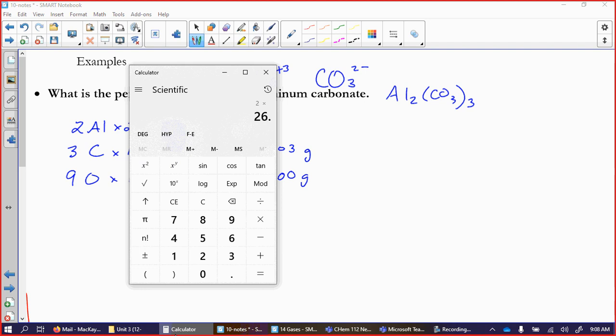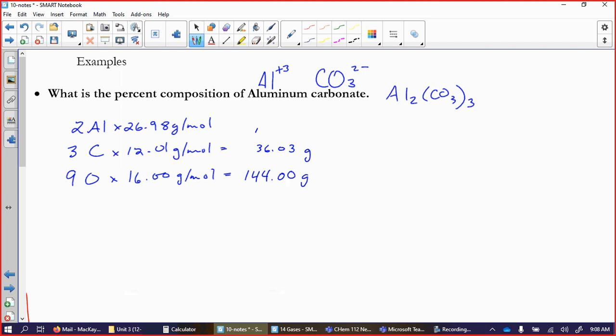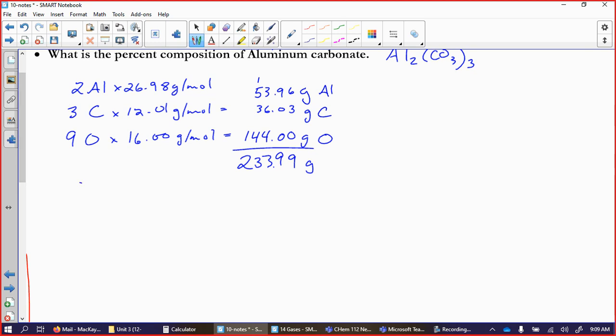I can, but 53.96. 9, 9, 13, carry the 1, 6, 10, 13, carry the 1. Grams aluminum, grams carbon, grams oxygen. So now we can go through and find the percent of each.